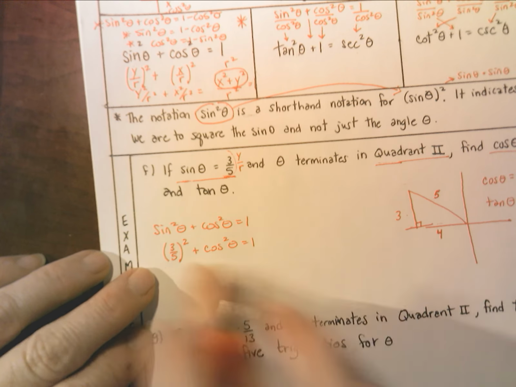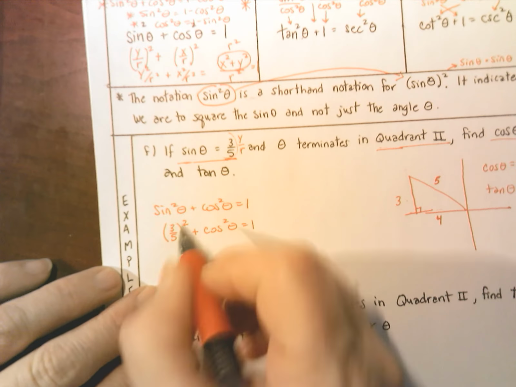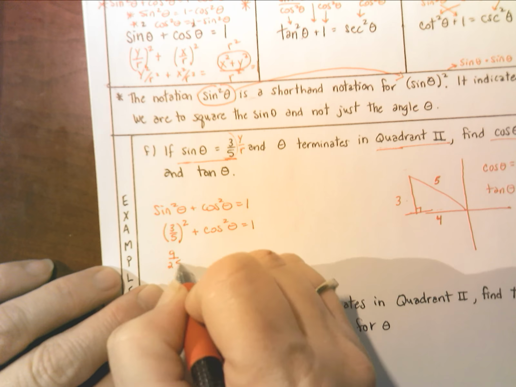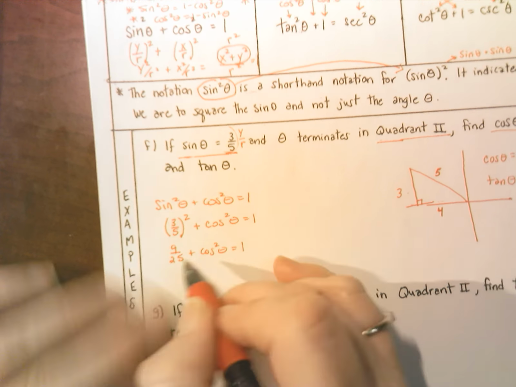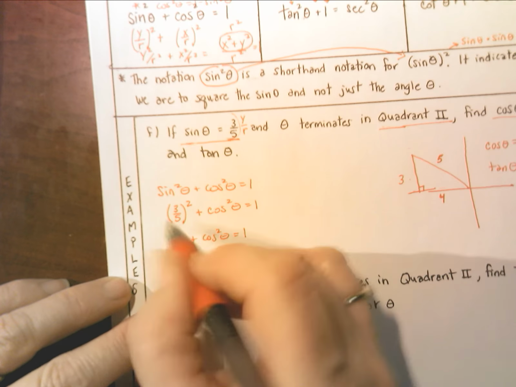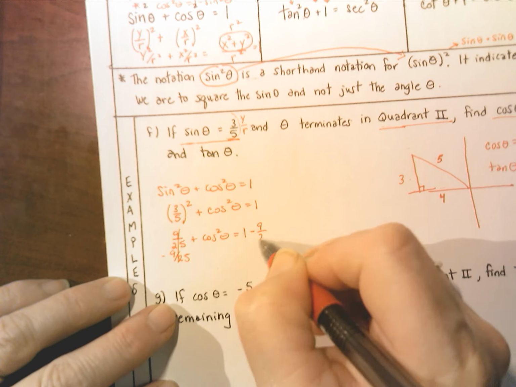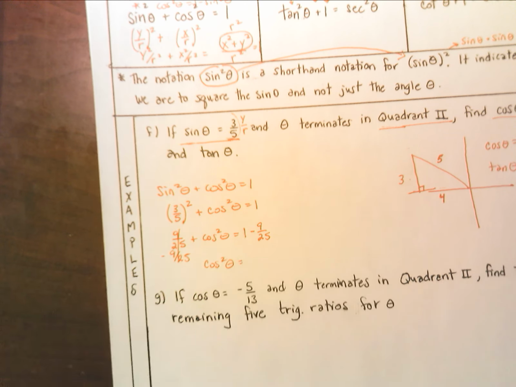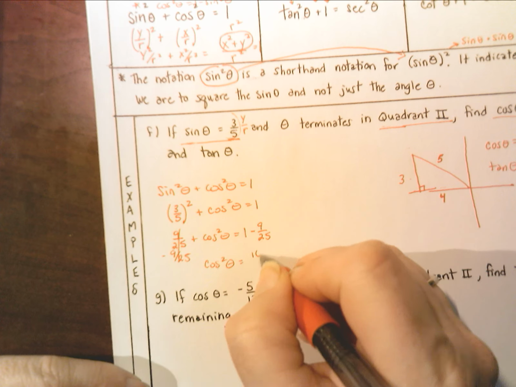If I solve this for cosine, I just use this identity to do that. So let me square 3/5. 3 squared is 9, 5 squared is 25. Then I'm going to solve for cosine, so I'm going to subtract 9/25 over. I'm going to think of 1 as 25/25. So 25 over 25 minus 9 over 25 would be 16 over 25.